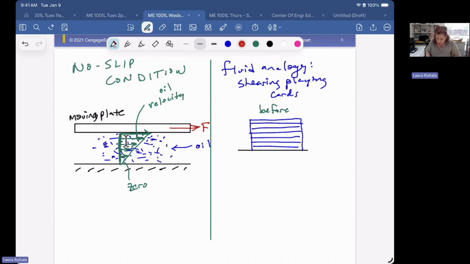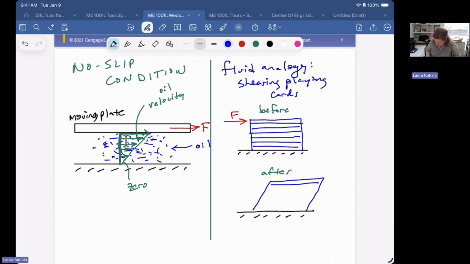If I were to put a force on this, you can imagine what would happen to the cards, right? So if this is my after down below, and here's my surface, the cards will go something like this, right?